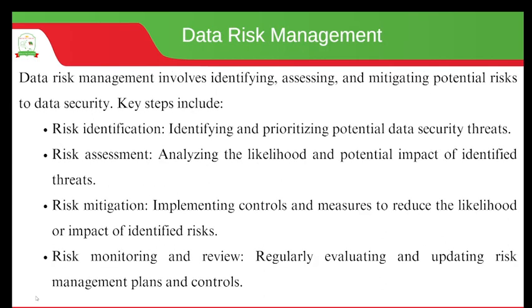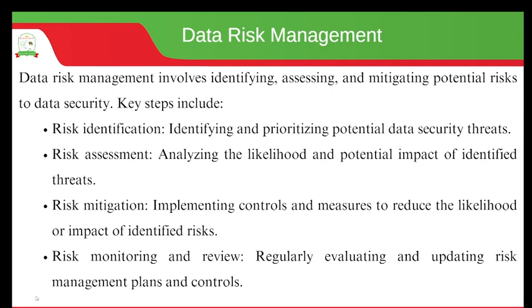We have what we call data risk management, and we are saying it involves identifying, assessing, and mitigating potential risks to data security. And when we are doing this, we have a number of steps that we undertake. The first one is risk identification. Here we are going to identify and prioritize potential data security threats, so we could know in what areas our data is subjected to a security threat.